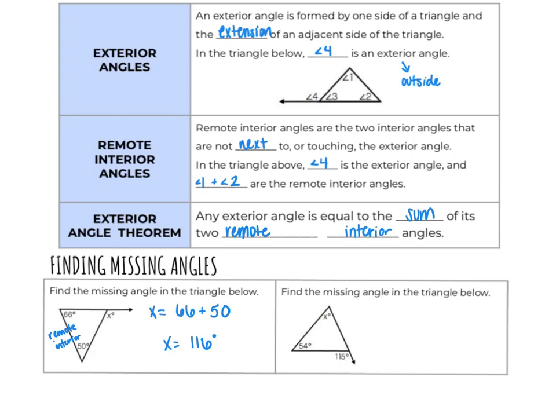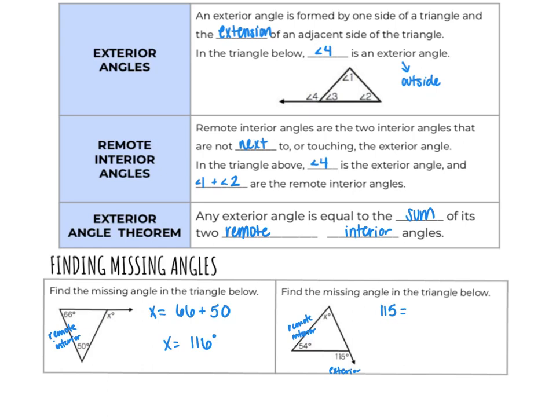We can also use this to find missing remote interior angles. So here would be the remote interiors of x and 54, and then the exterior angle would be 115. So what I know is that the exterior angle of 115 is equal to its two remote interior angles added together.